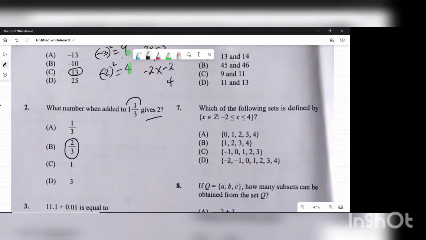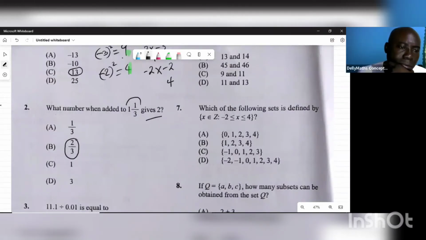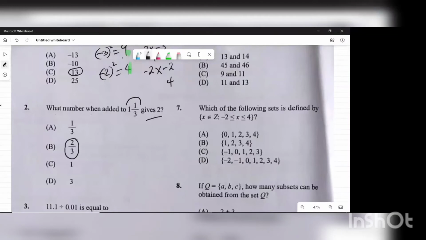So you have one fraction equals a whole number. It's because a full fraction equals a whole number, and if you plus that 2, then you will get a whole number.